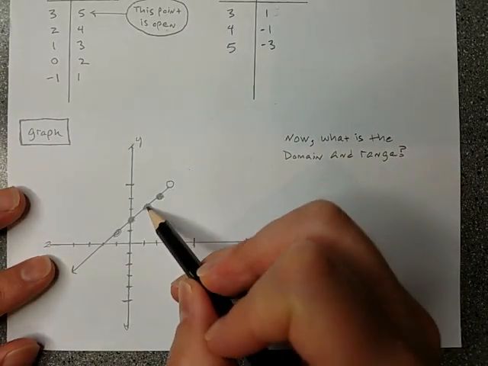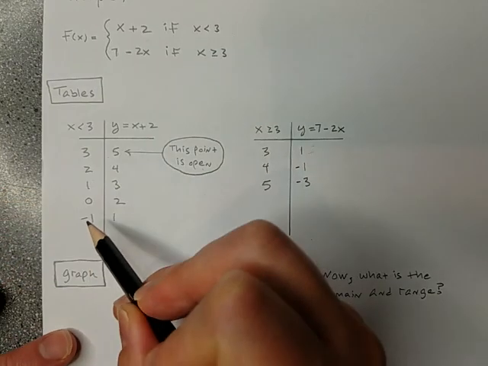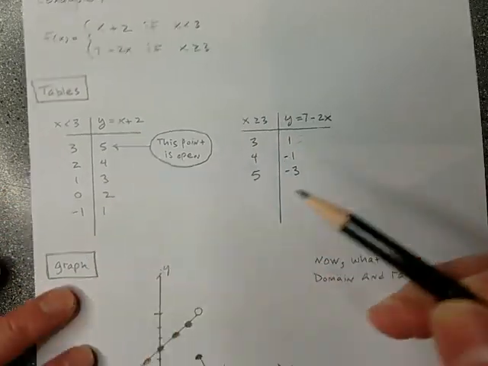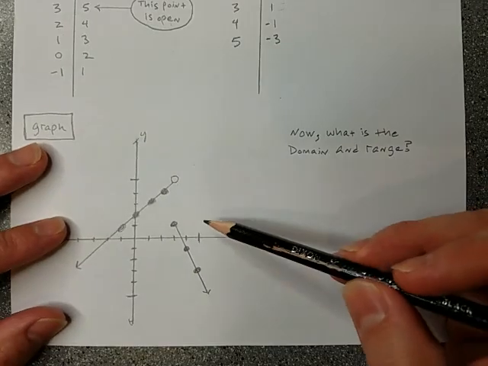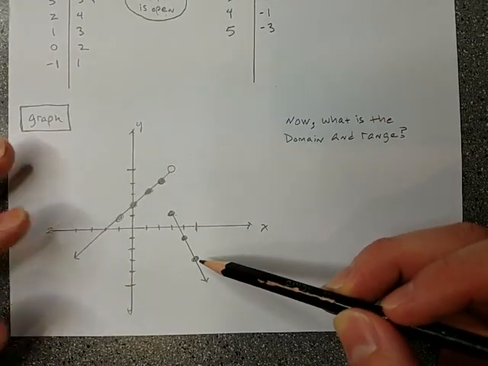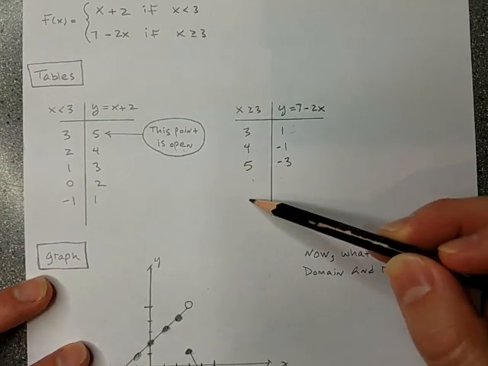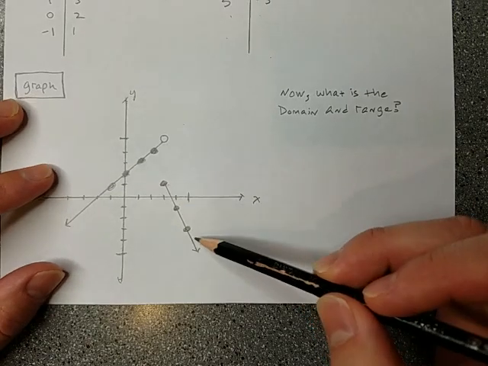So I plotted the points I had, but I know that I could keep going. This goes forever. Numbers go forever. Same thing with this. There are those 3 points on the table, but I would believe they keep going. If you don't believe it, put 6 in, put 7 in, put 8 in. It will keep going off in this direction.